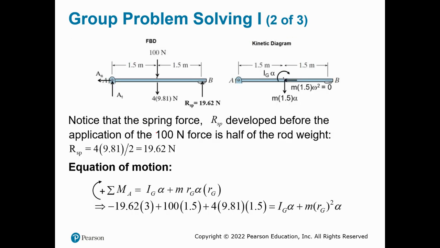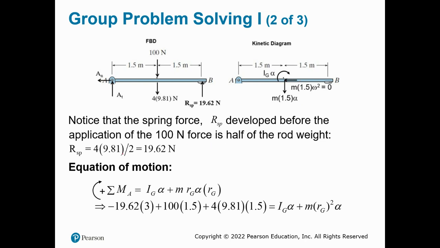So at that instant the 100 Newton is applied, the reaction force from A, you have both A_t and A_n, and the reaction force of B, you only have the vertical. And then since it's rotating, we have I_G alpha and then m a_t and m a_n.